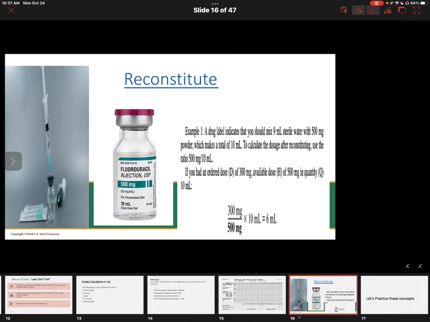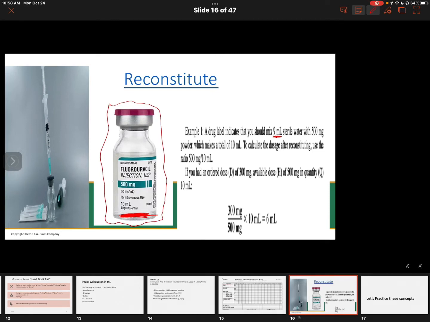We get medication that we have to reconstitute, meaning that it comes in a bottle like this, and it's powder. There's only a small amount of powder at the bottom. When we read the instructions, it requires that we add 9 milliliters of sterile water.